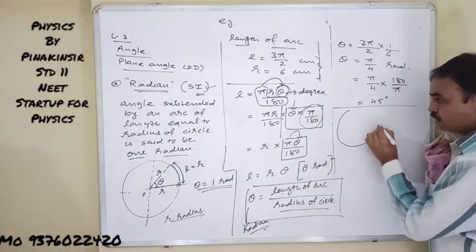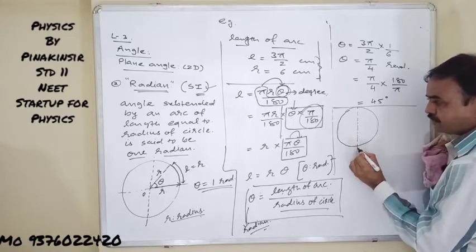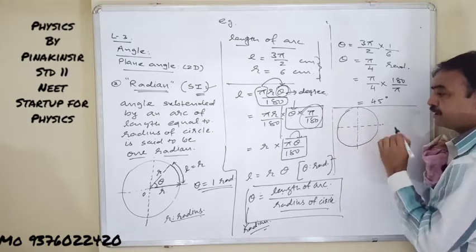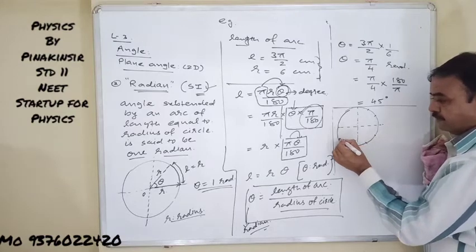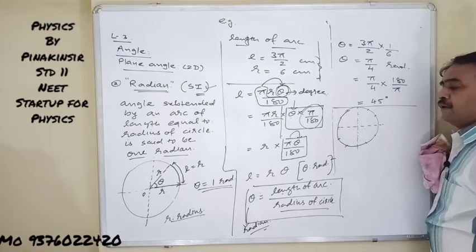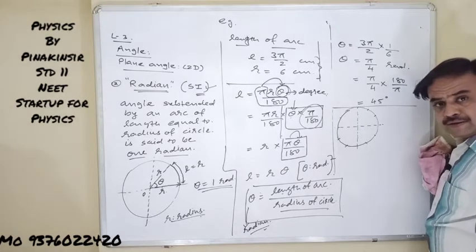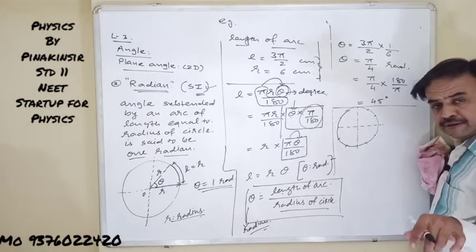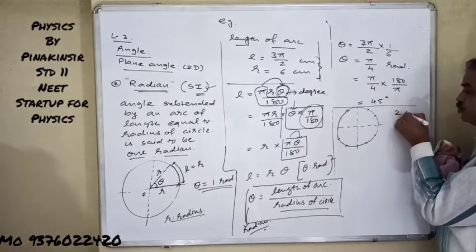We have a clock. As we know, the dial has 12 equal parts. Suppose you are asked to find the angle subtended by the minute hand and hour hand when it is 2 o'clock.